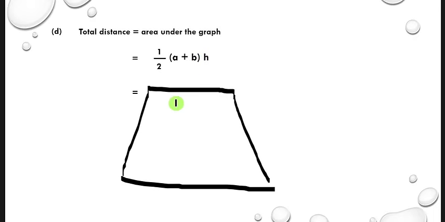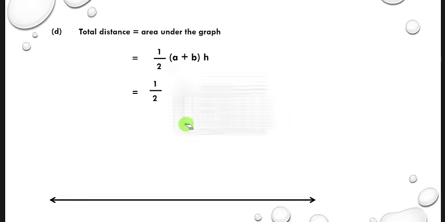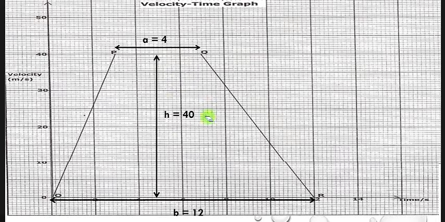So we'll say equals 1 over 2, then we'll come and find what a is and what b is. So a and b are the parallel sides of the trapezium. When we come here, this is the trapezium shape, so the parallel sides are these.